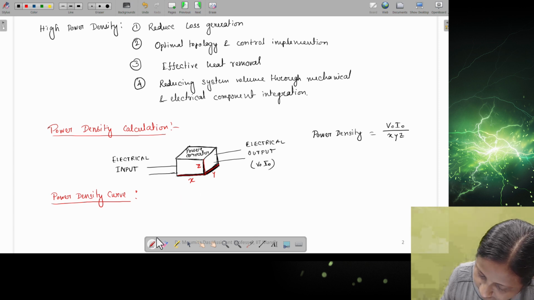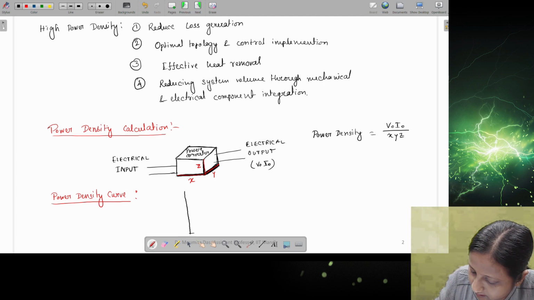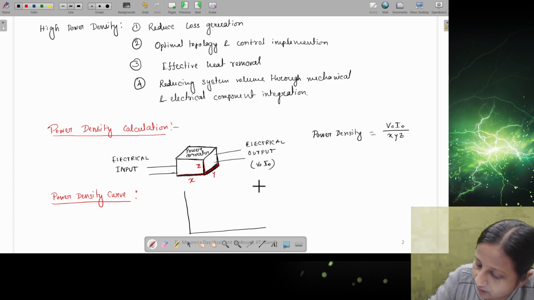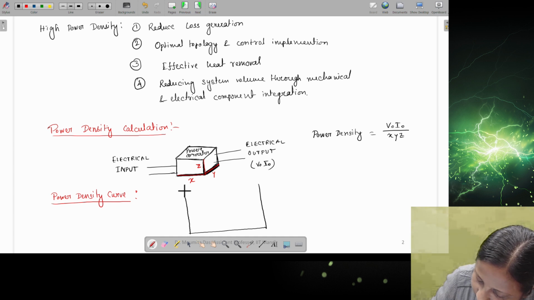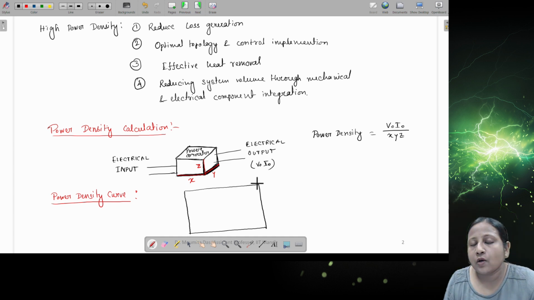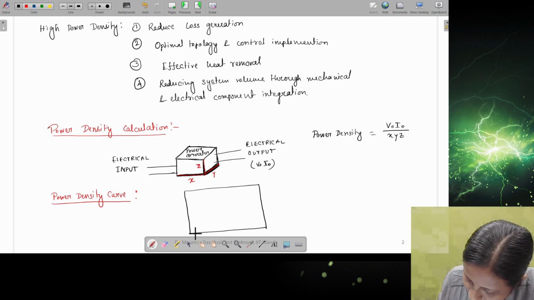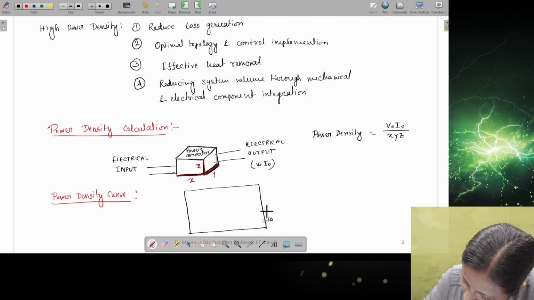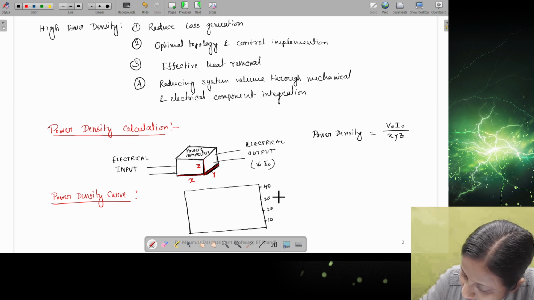These factors are how the power density is varying, how the efficiency of the system is changing with respect to that, and how the progress happened. Basically the history of power density: let's say this is 10, 20, 30, 40, in watt per millimeter cube. This axis defines power density.